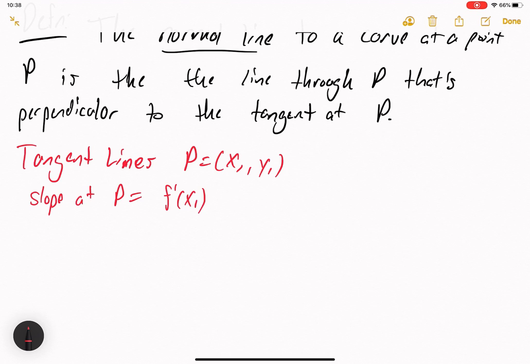So basically it just means the slope of the tangent is equal to the derivative at that point on that curve.